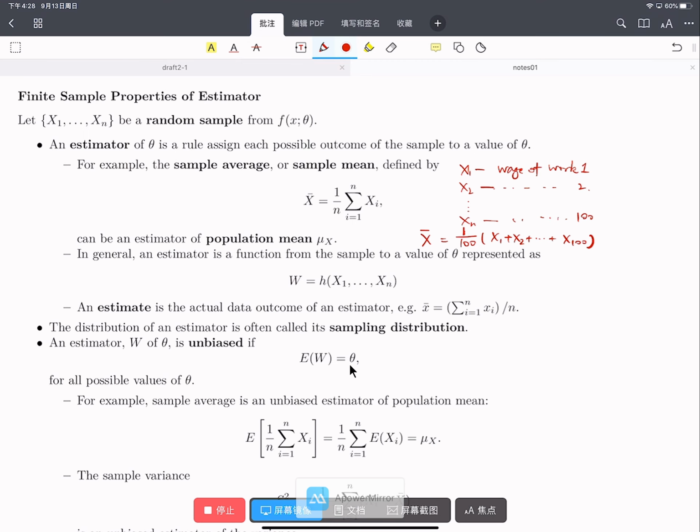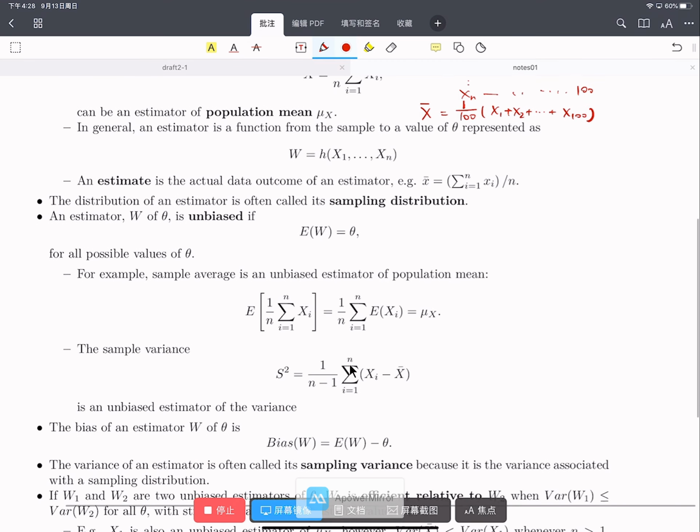So, for example, if we use the sample average to estimate the population mean, then the expectation of the sample average is this one. Because we have learned the properties of expectations, we can take the 1 over n out of the bracket and take the summation out of the bracket.